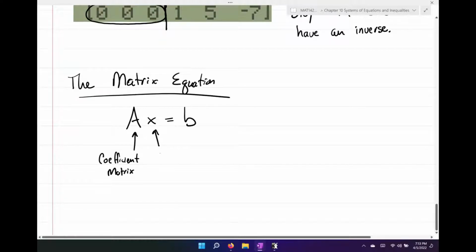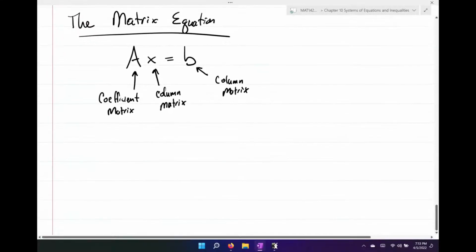X is going to be a column matrix. Okay, and then B is another column matrix. All right, so what we can do here is we can take a system of equations like this. x minus 2y minus 4z equals 7. 2x minus 3y minus 6z equals 5.